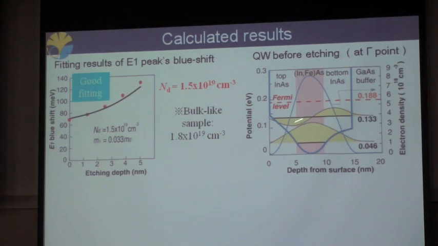So we have significant overlap between the carriers and indium iron arsenide. And this is the fit result. This is the E1 blue shift. These red data are the experimental data, and the curves are the fitting. This is a fit parameter. So we show a good fitting.